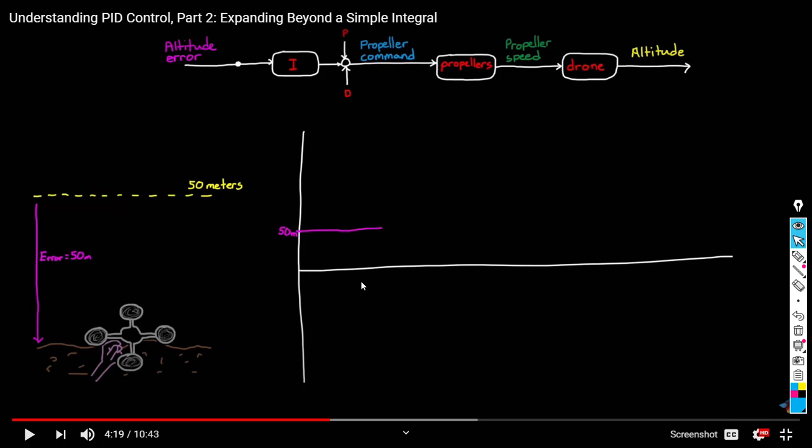So the integrator, which you want to use to reach the 50 meters, will keep providing a control signal to the propeller. The output of it, this control signal, will go to the propeller to speed up. So your drone starts speeding up, and it will saturate, and you keep holding it.